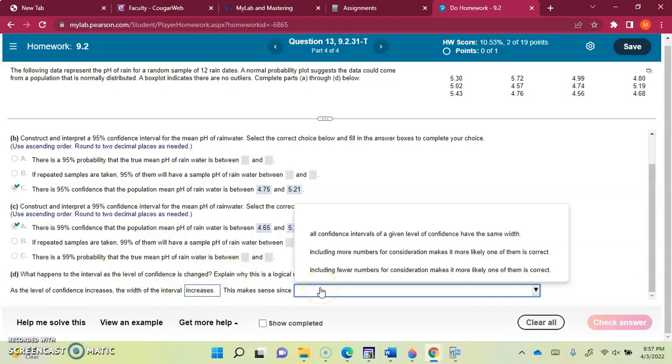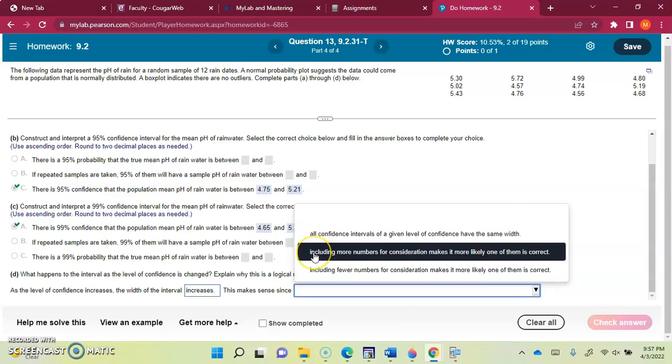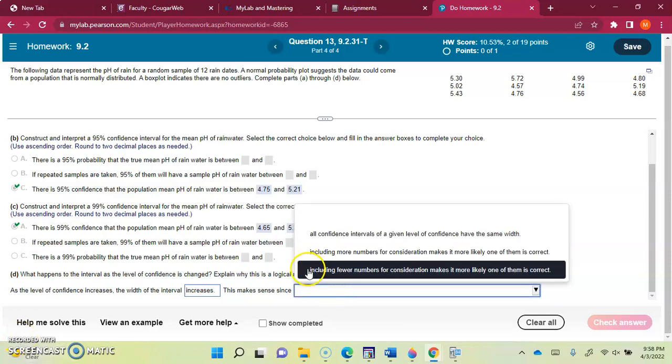This makes sense since all the confidence intervals of a given level of confidence have the same width. Including more numbers in consideration makes it likely one of them is correct. The last one says including fewer numbers in consideration.